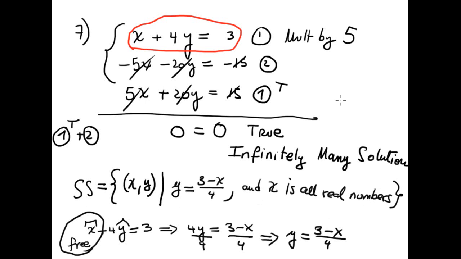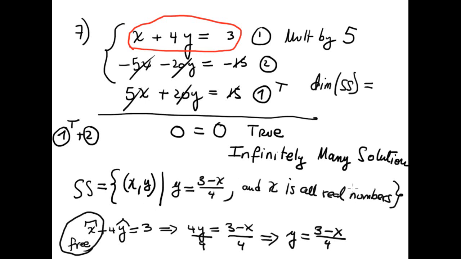Let me ask you, for example, another additional question. What is the dimension of the solution set? The dimension is not 0, because it's 0 when there's a single point. In this case, the solution is infinitely many points on the line.